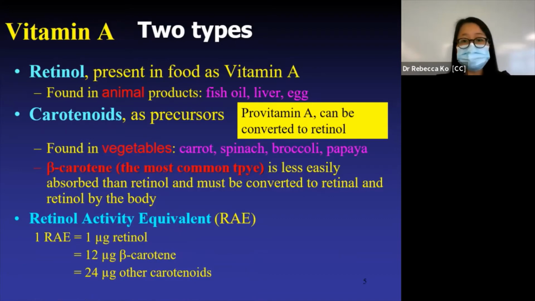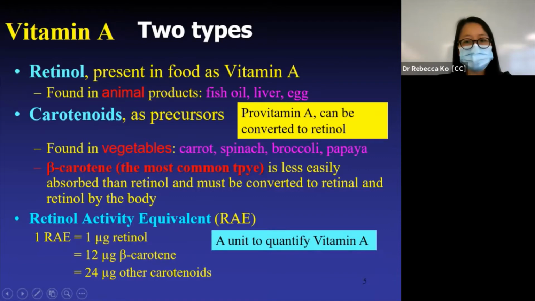Vitamin A is important to us. How much do we need? About the amounts, we will use RAE as a unit to quantify vitamin A. RAE is retinol activity equivalent. 1 RAE equals 1 microgram of retinol, and it's also equal to 12 micrograms of beta carotene.